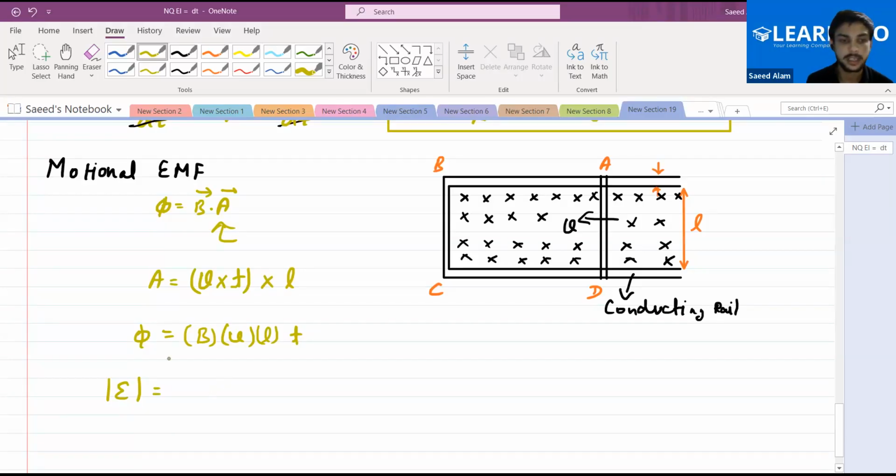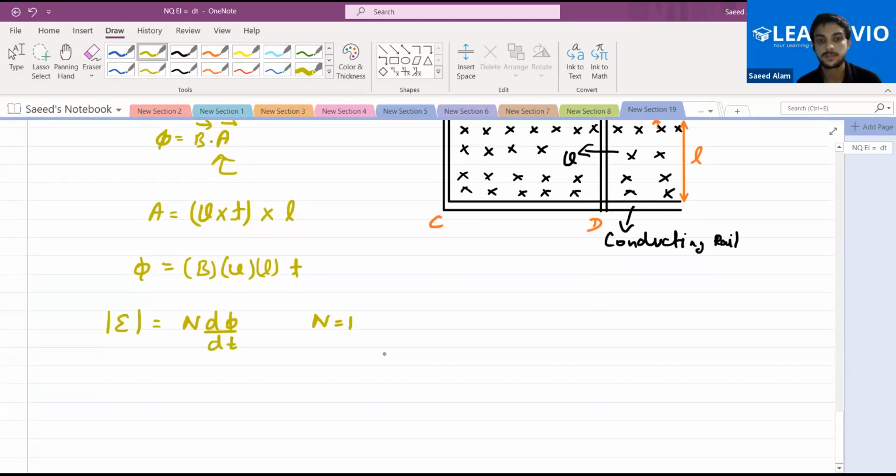I'm talking only about the magnitude. EMF will be N times d phi by dt. And this N is nothing but one, because there is one loop we are considering here. One turn is there, so we are considering N to be one. So we get EMF equal to d phi by dt. Is this okay?